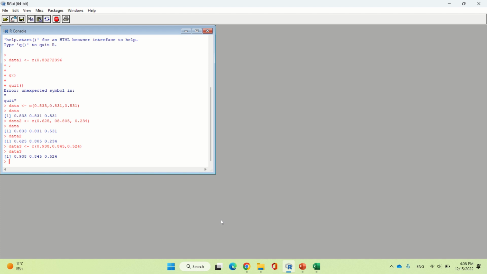To analyze the ANOVA, I have to set one variable. But for the Shapiro test, this is the independent variable.